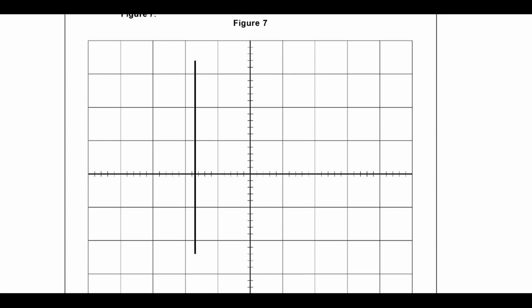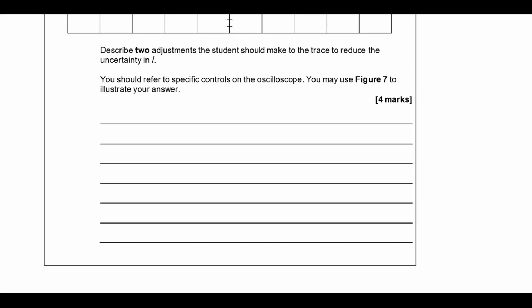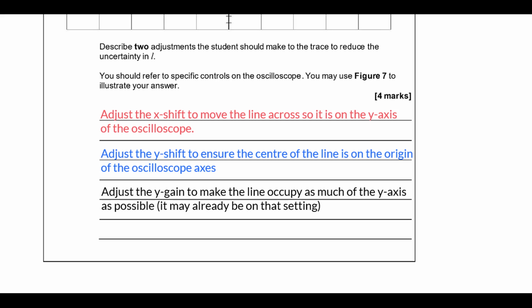And if we can, we'd like to adjust the Y gain to stretch it out even longer but stay on the screen. So that could also be an option, but the biggest thing we need to do is shift it so that the center of this line moves to the origin here. Okay, so that's what we've got here.